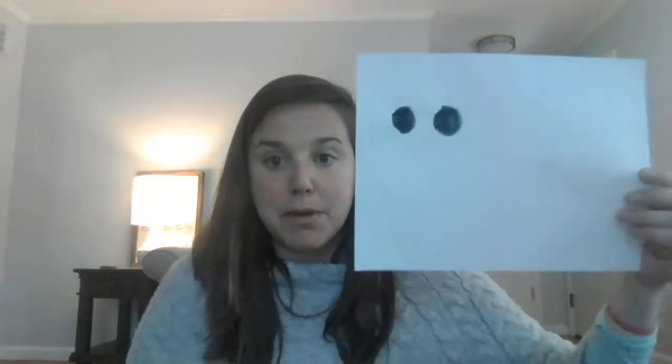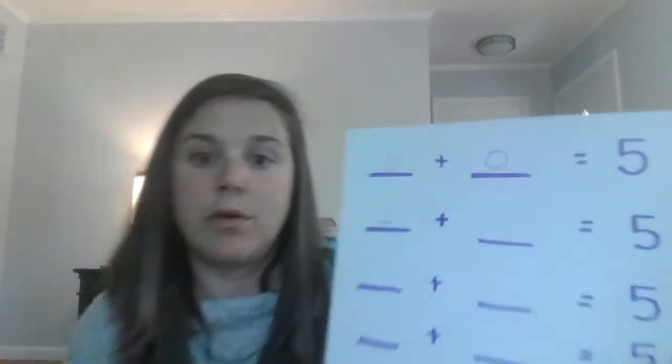2, 3, 4, 5. So if I'm going to write my math sentence to make 5, I'm going to start with what number? I started with 2. So I'm going to write 2.